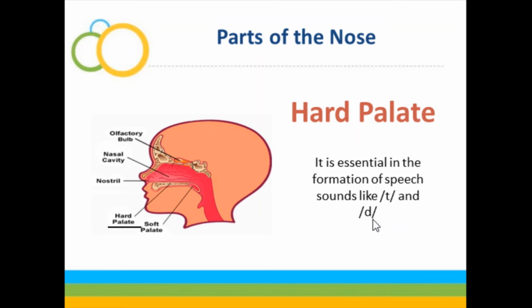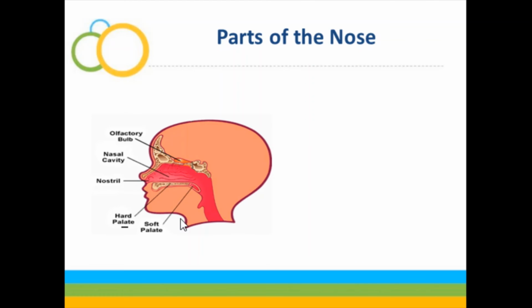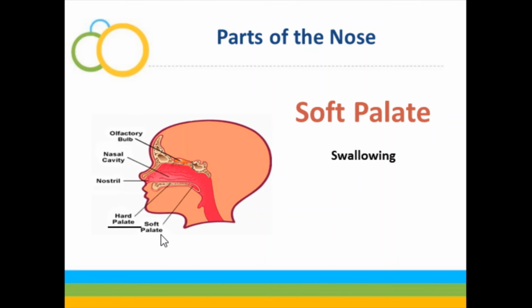Okay. Next one, we have the soft palate. If we have a hard palate, we also have the soft palate. It's at the back of the hard palate. The soft palate is responsible for swallowing, for speech, and also for blowing.